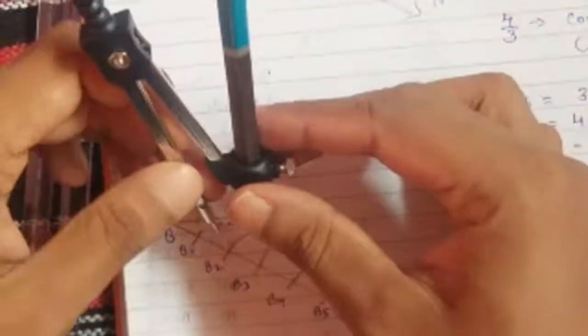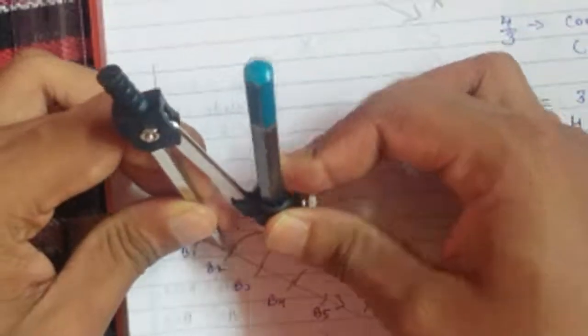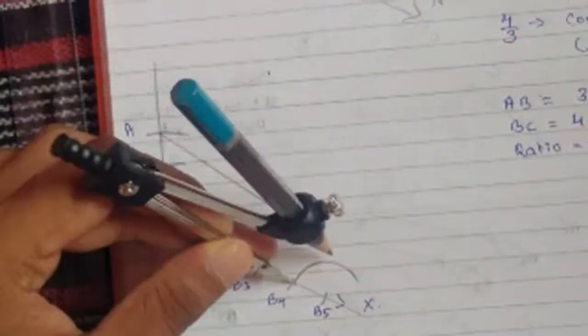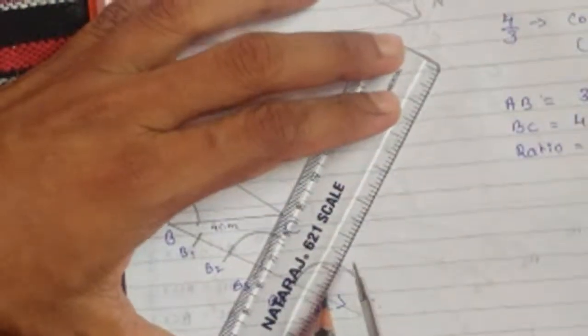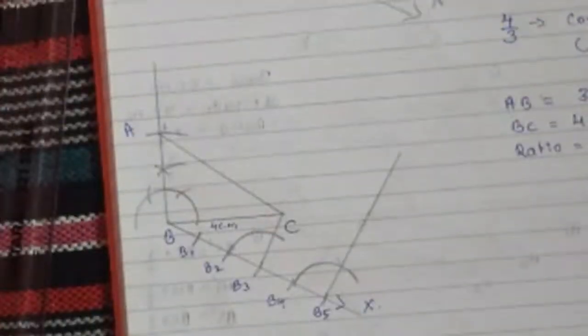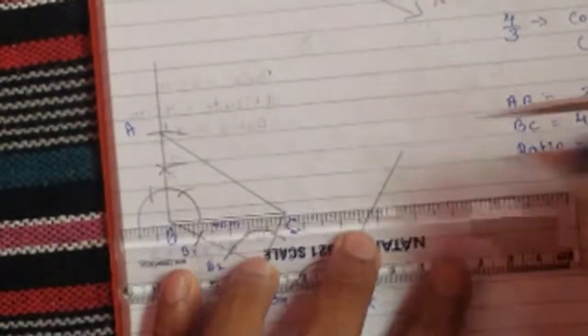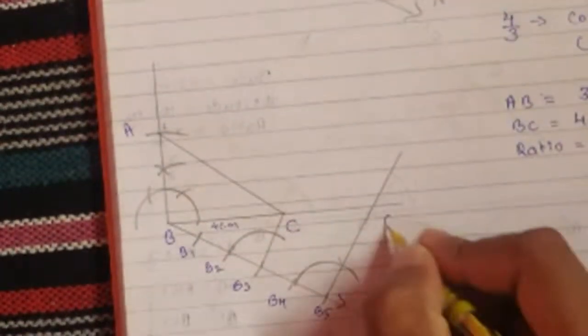Next step, we consider this length, then from this point I will cut this and join. Next step, we extend this line. So this point is C dash.